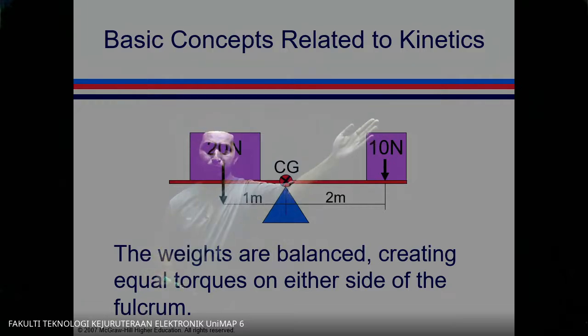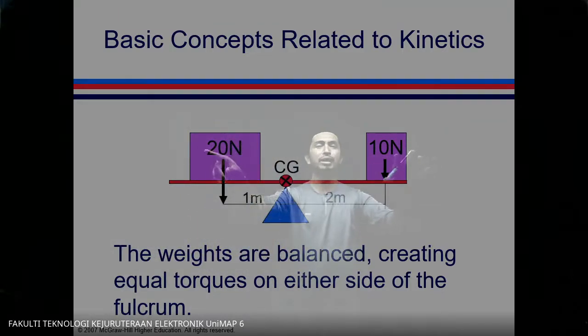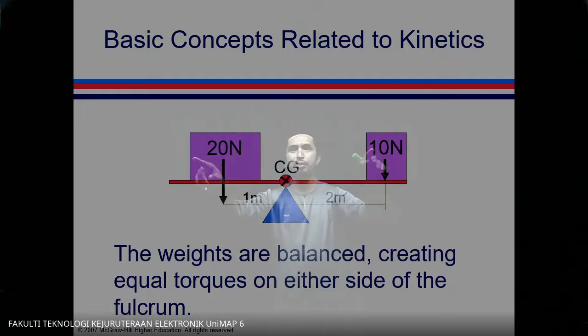This 10 Newton will rotate clockwise. This 20 Newton will rotate counterclockwise. The value of the torque is the same. So it will balance, because the torque value is the same for the right hand side and the left hand side.